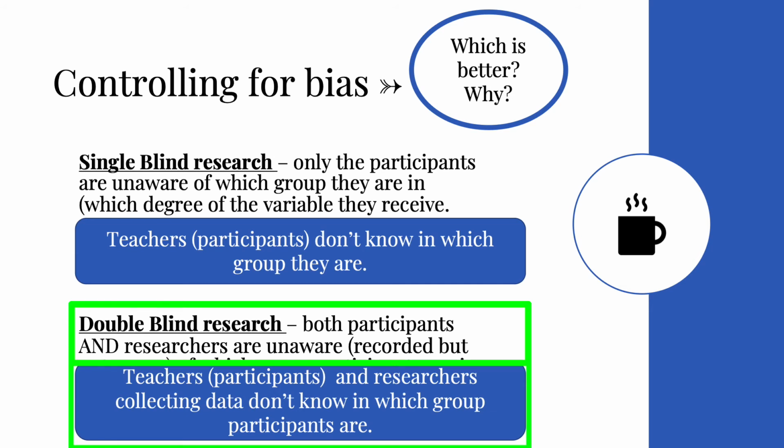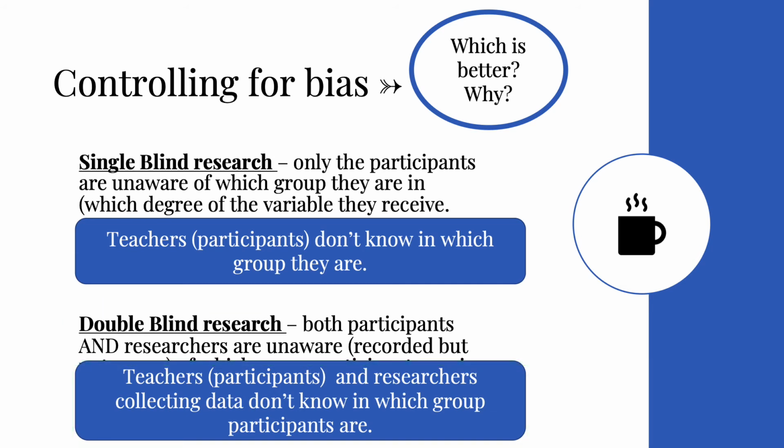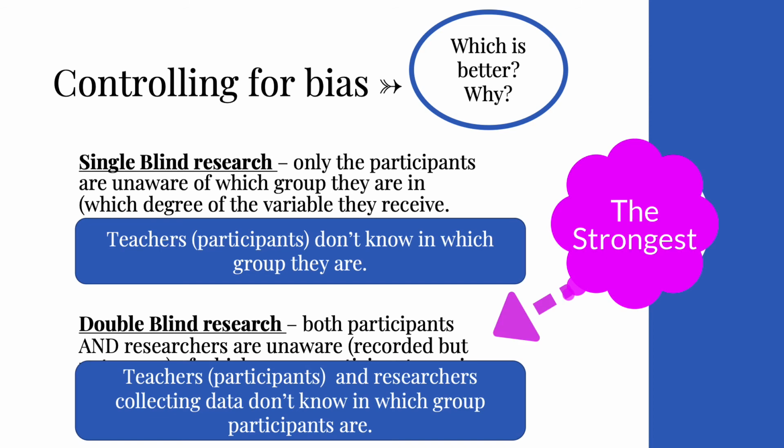So hopefully you can see the difference between a single blind and a double blind, and see that the research is better and stronger when it's double blind, right? It's better because it's more secure. There's no opportunity for bias.